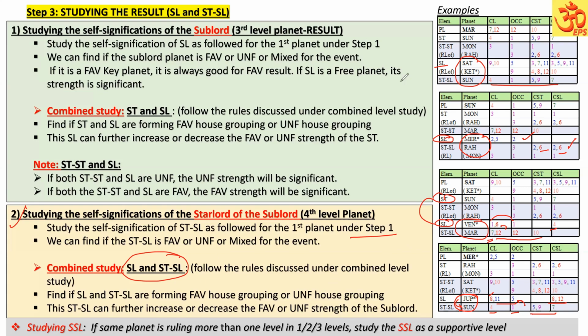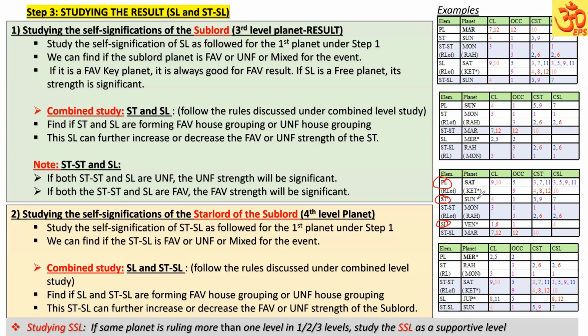One thing we have to keep in mind: the 1, 2, and 3 are the primary levels, planet, star lord, and sublord. Either one planet can be ruling more than one level.